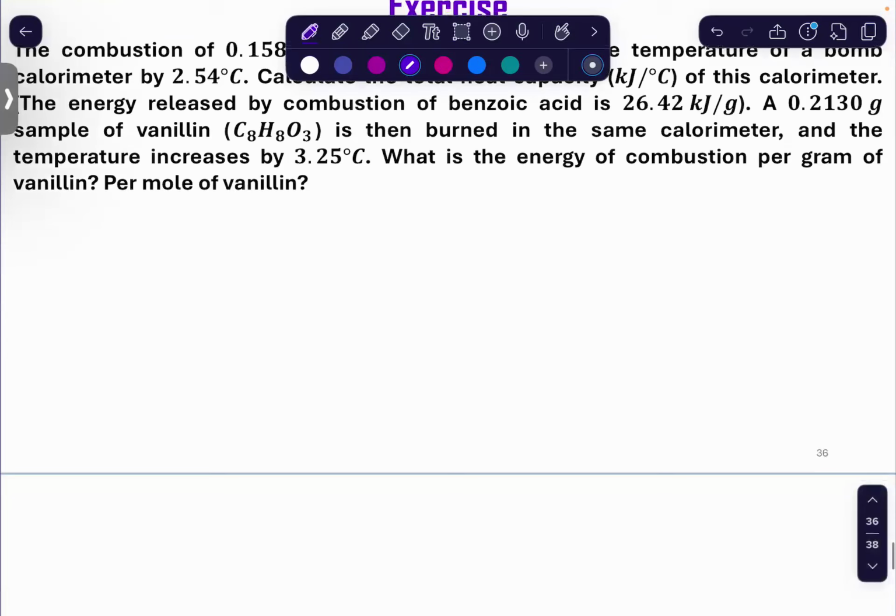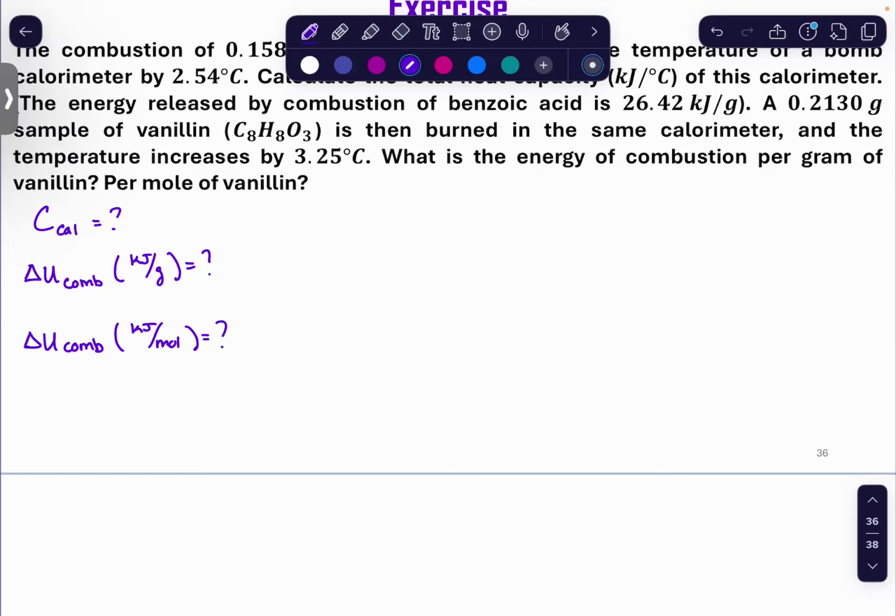Okay, we're being asked for the heat capacity of the calorimeter, our energy of combustion in kilojoules per gram, and energy of combustion in kilojoules per mole.